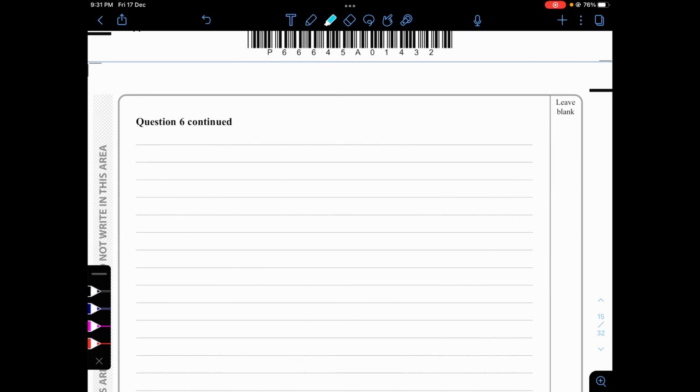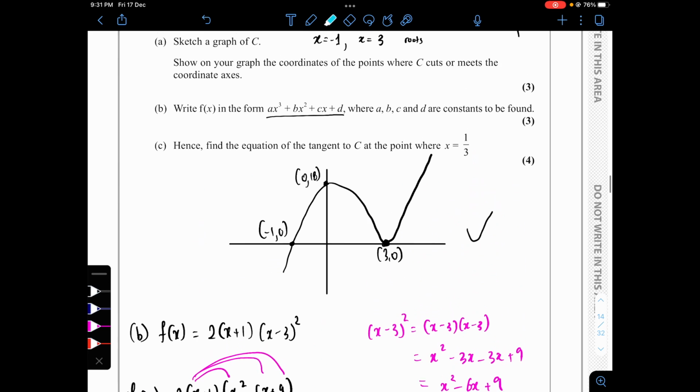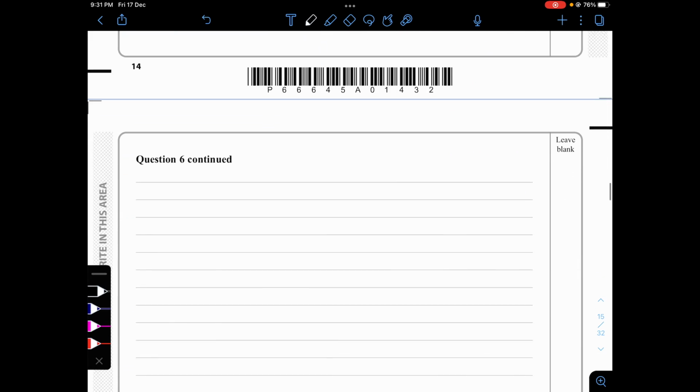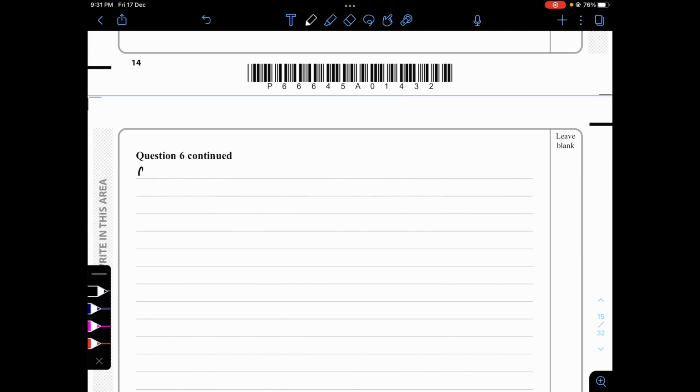So the next question, we also have a part C. Part C says, find the equation of the tangent to C where x equals 1 over 3. Now tangent, how do you find the tangent? Tangent means tangent line. So this is now part C. How do we get the tangent line?